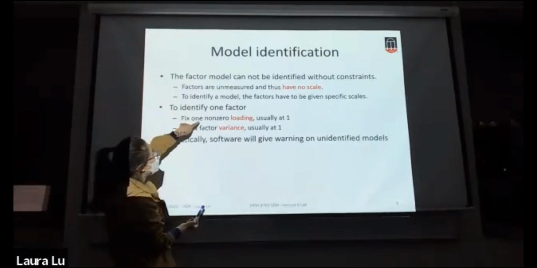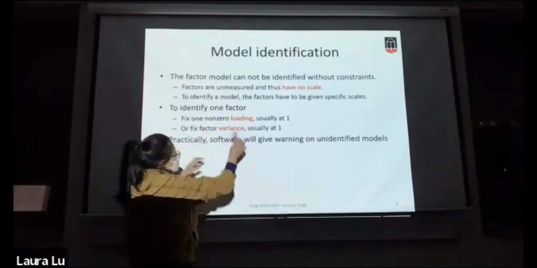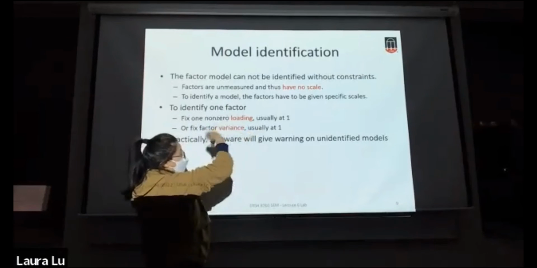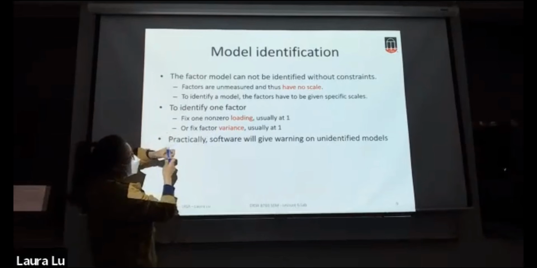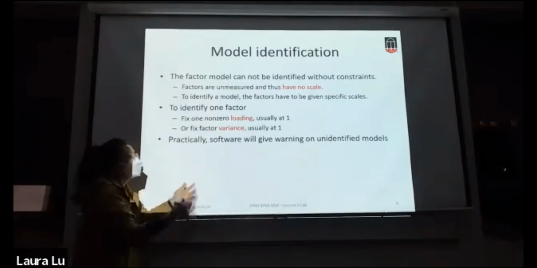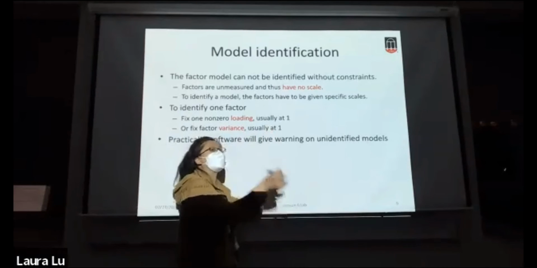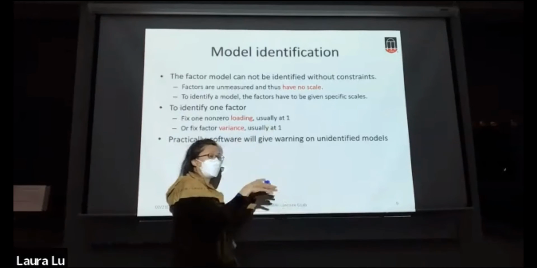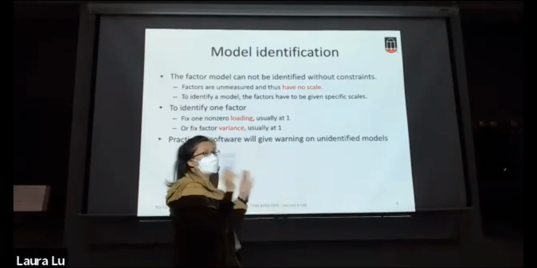So we can do some model identification like this. We can fix one non-zero loading at 1. We have a lot of loadings, a lot of lambdas. We can just choose one non-zero loading and fix it at some value. Usually we fix it at 1 because it simplifies our case. Of course, if you want to fix it at 2 or 3 or 100, it's totally fine.